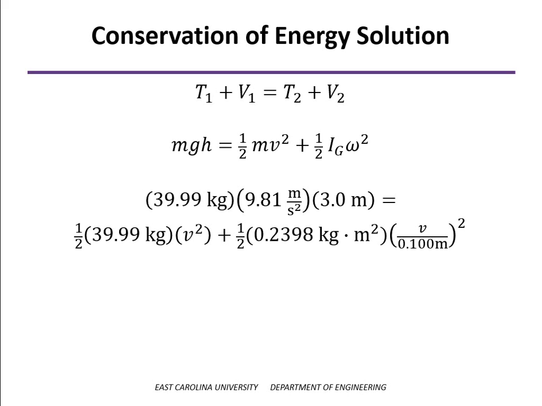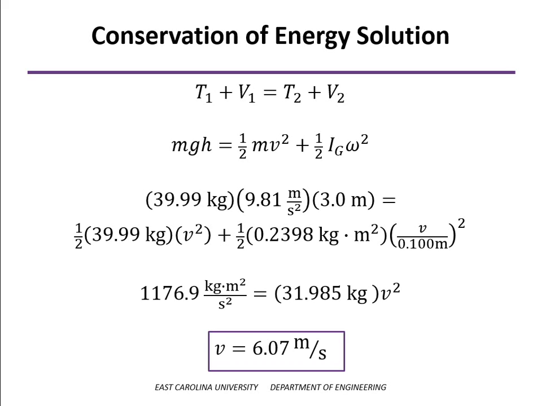So the left side of the equation is mgh, and the right side is 1/2 mv squared plus 1/2 I omega squared. And again, for omega, we've put in the velocity divided by the radius. And so solving this, we come up with the same velocity that we got by using the equations of motion, 6.07 meters per second is our answer.